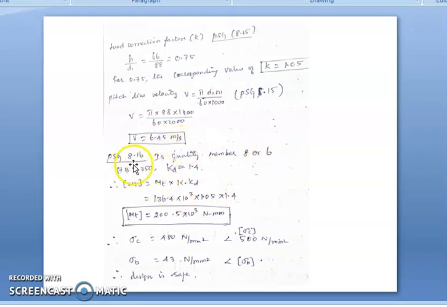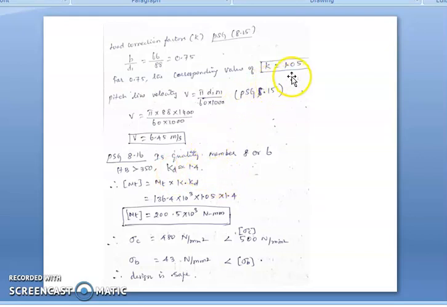Then at page number 8.16, the values are available for all conditions. For IS quality number 8 or 6 and hardness HB greater than 350, KD is approximately equal to 1.4. That is, the gear material hardness is greater than 350 HB. For the velocity V equal to 6.45 meter per second, the KD value is selected as 1.4.